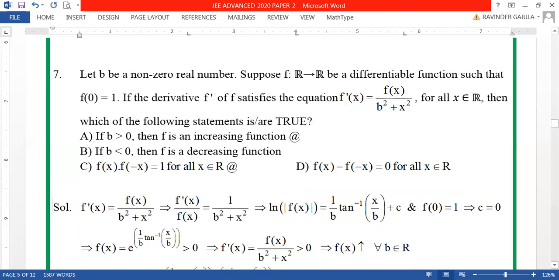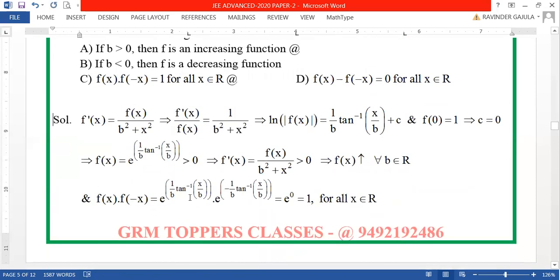Okay friends, now let us see the solution of this question. f dash x is given as f of x by b square plus x square. Take this f of x on the left side. Now f dash x by f of x is 1 by b square plus x square. Now taking integration on both sides, dear friends, taking integration on both sides.